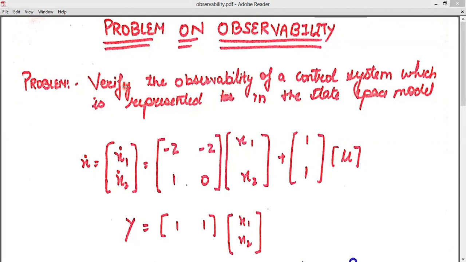Here it is given: verify the observability of a control system which is represented in a state space model. You are given a state space equation here, which is this, and then the output equation, this. What we need to do is start the solution now.